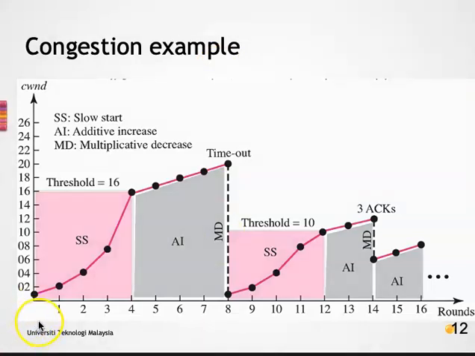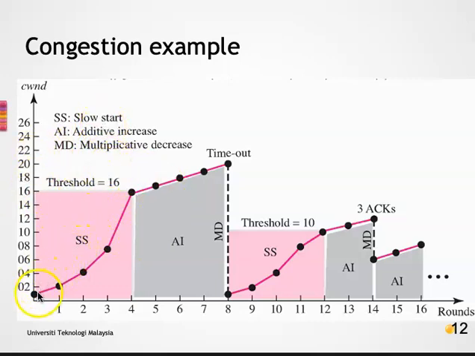Let's start here from the beginning of the round. We know already how we can get this threshold number, which is half the given maximum window size, MSS. MSS is actually determined by the maximum transmission unit of the network. So given MSS is equal to 32, we get the threshold equal to 16.